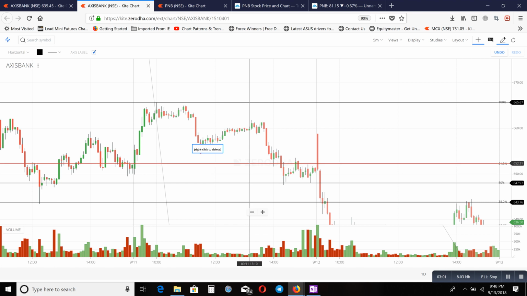As you see, the prices come from here to here, and it again violates this line which acts as a support to all the prices that were cut from 665 to 652.